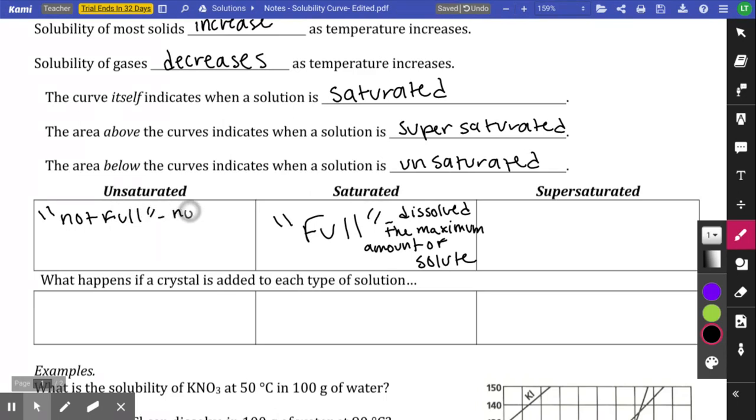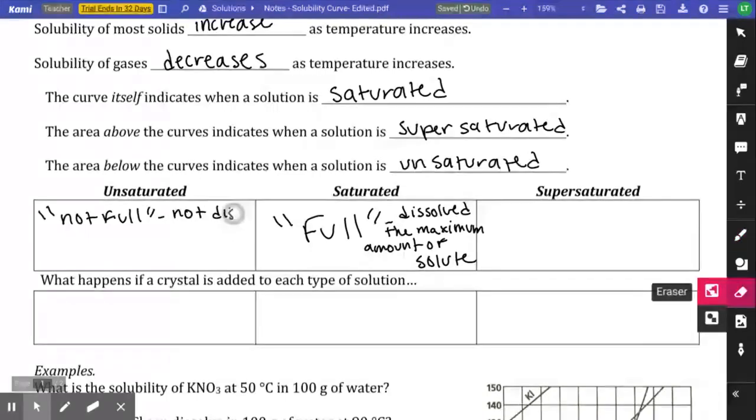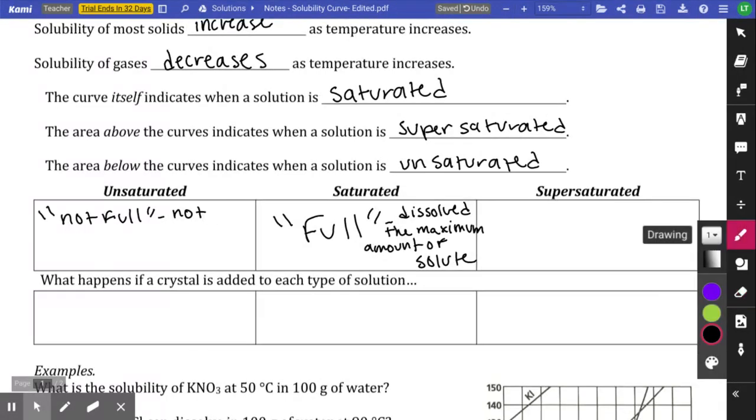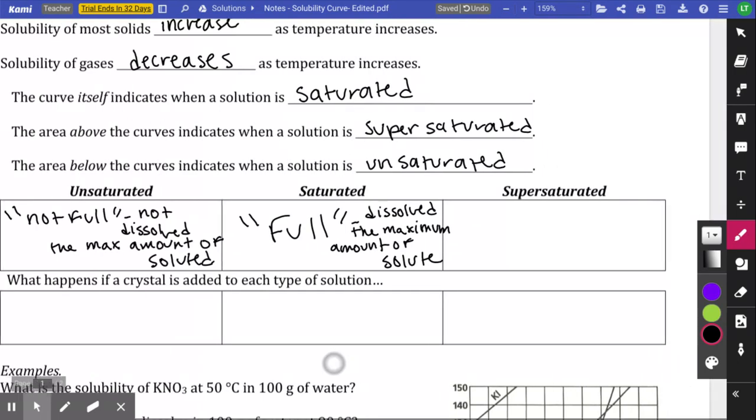So basically, we have not dissolved the maximum amount. There's still room. You can add more and it would still dissolve.